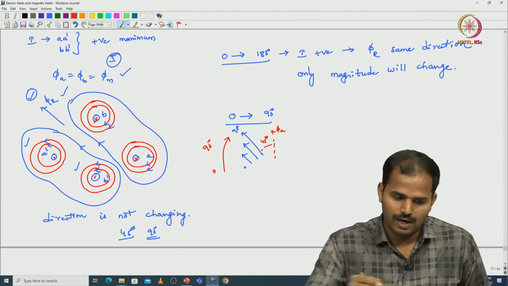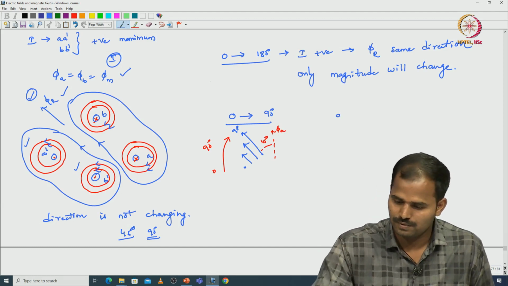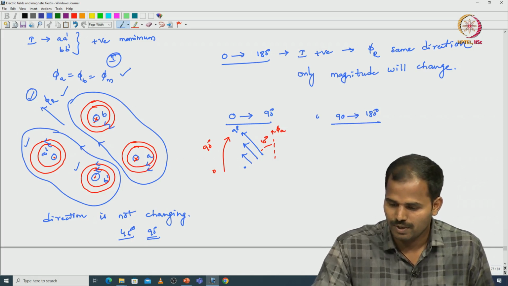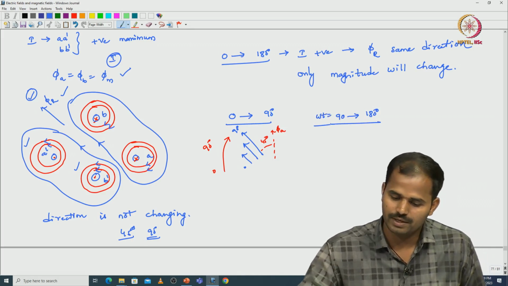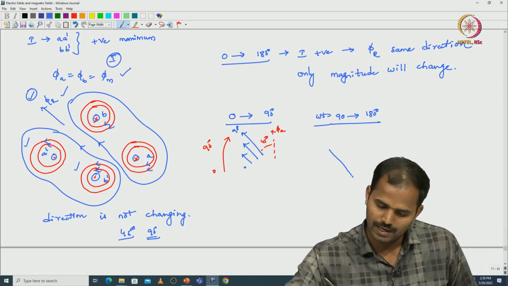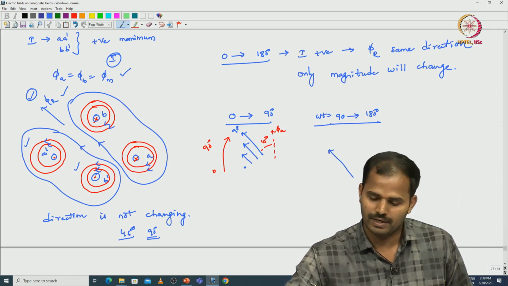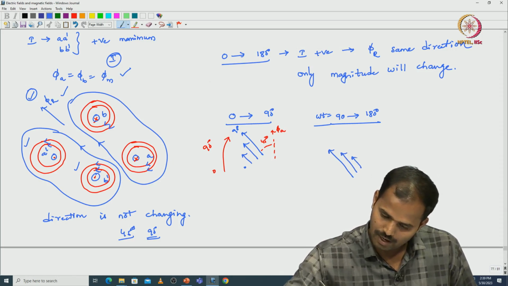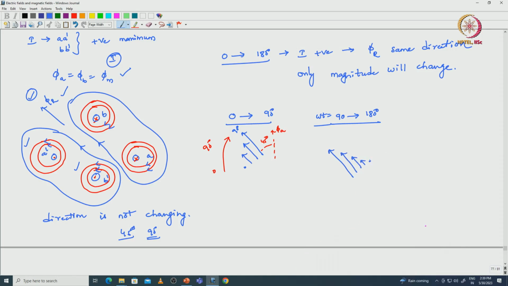And from 90 to 180 degrees, omega t equals 90 to 180 degrees, the direction will be the same. At 90 degrees we will see the maximum vector magnitude, and then it will come down and reach 0 at 180 degrees.